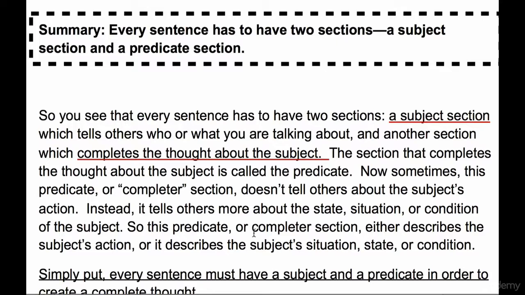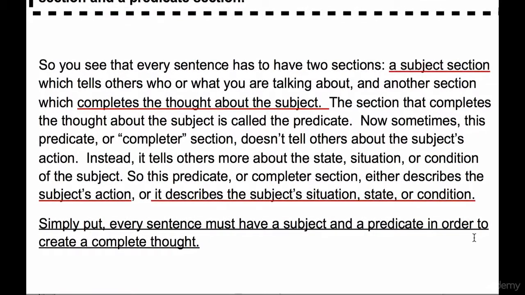The predicate, or what can be called the completer section, either describes the subject's action, something the subject is doing, or it can describe the subject's situation, state, or condition. In any case, it gives me more information about the subject. So simply put, every sentence must have a subject and a predicate in order to create a complete thought.